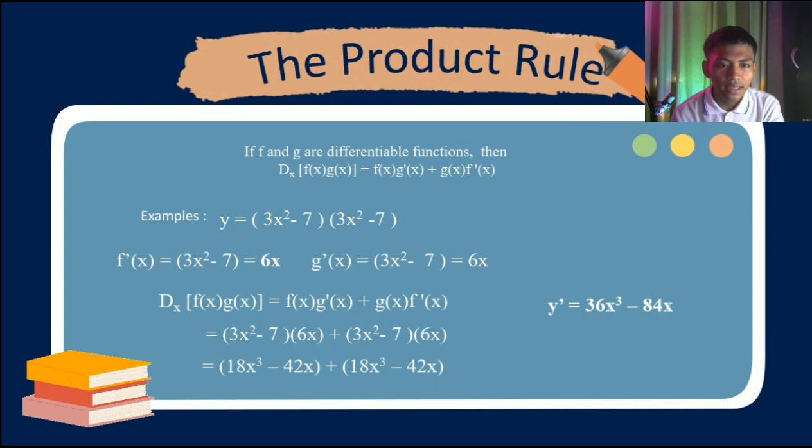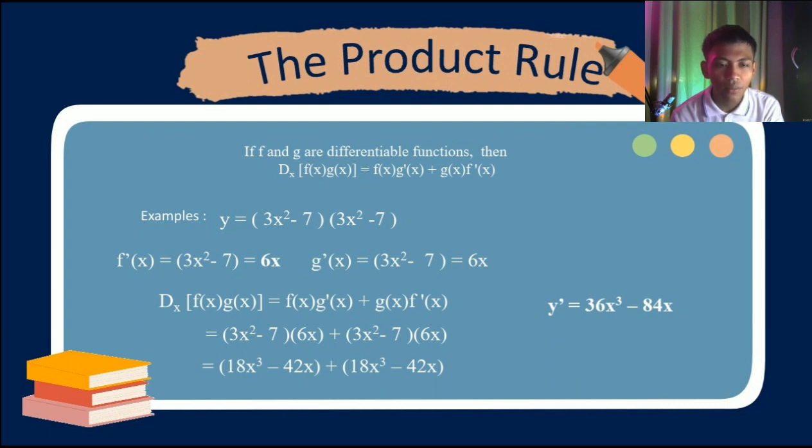First, let's copy the value of f of x, which is 3x squared minus 7, and then copy the derivative of g of x, which is 6x, and then plus g of x, the value of g of x is 3x squared minus 7, and then the derivative of f of x is equal to 6x.